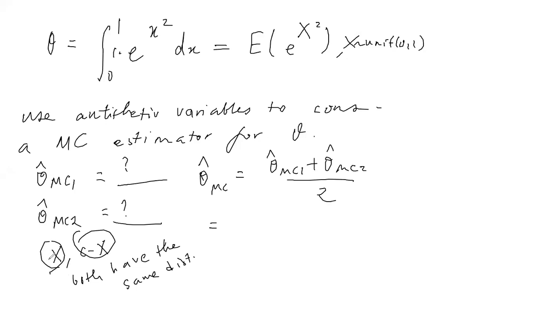For example, normal, do you have such properties? They don't, right? Let me see, unless minus X. Maybe, let me see. Antithetic variables that are not uniform. That's a good question.